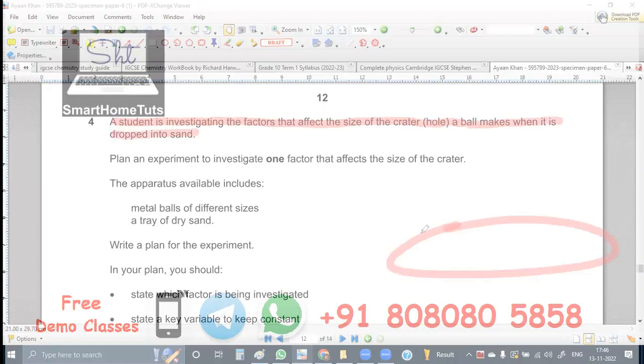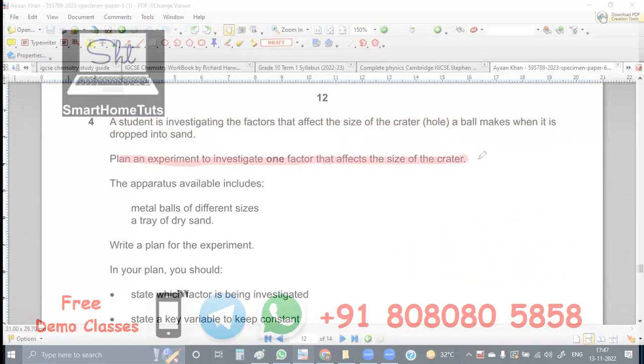So here you are going to have a bowl of sand, and depending upon the ball size, how big a hole it will make. Obviously, the smaller ball is going to make a smaller hole. That is understood. Plan an experiment to investigate one factor that affects the size of the crater.